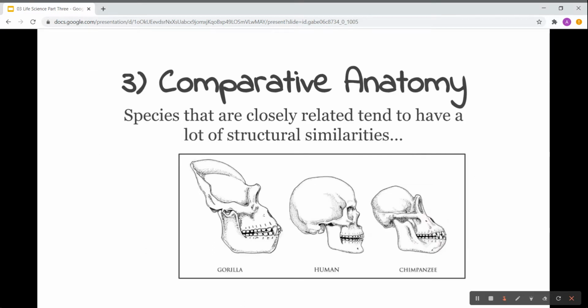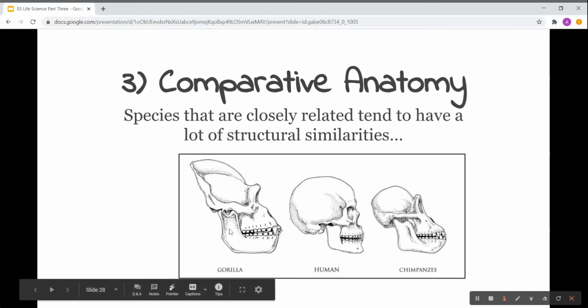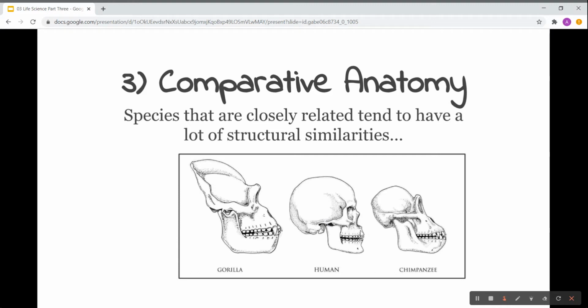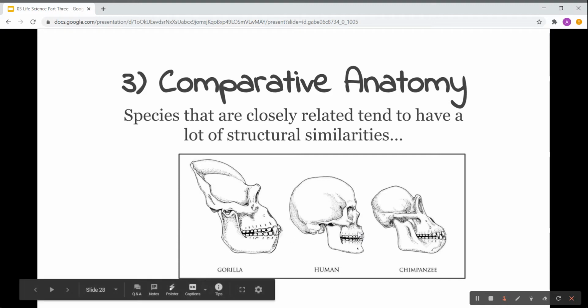Okay. Something called comparative anatomy. Species that are closely related tend to have a lot of structural similarities. This is the skulls for our monkeys. This is the gorilla, the chimpanzee, and the human. You can see the teeth are quite similar. The jaw is similar. The only difference would be the physical skull itself. And that changed.